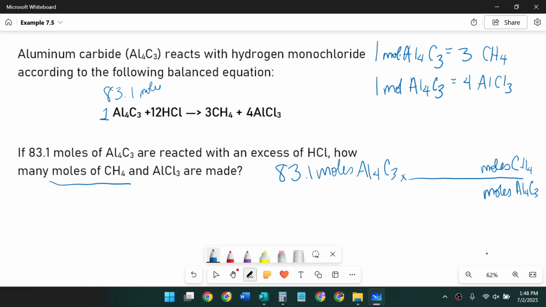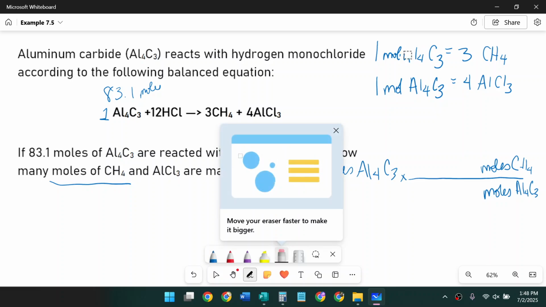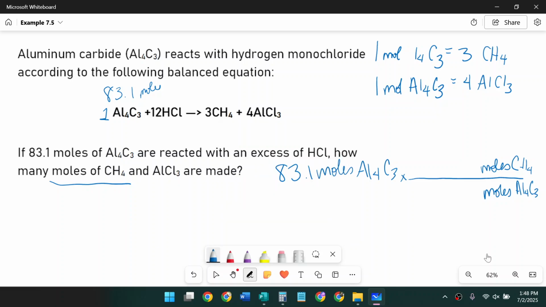So of these two relationships up here, this one has Al4C3 and CH4, so we can write in what we have here. So for every 1 mole of Al4C3, we have 3 moles of CH4.